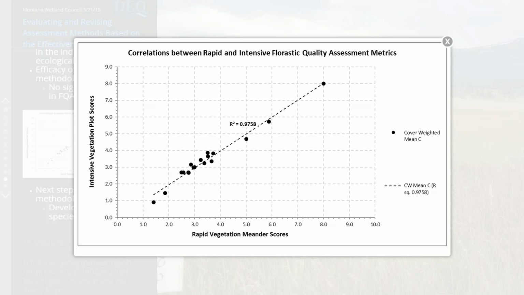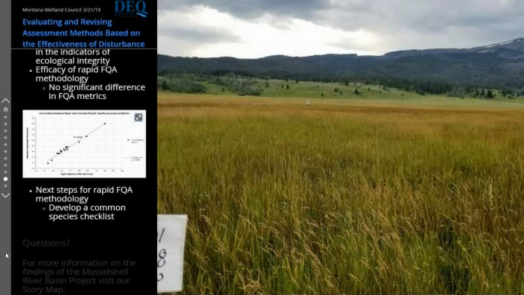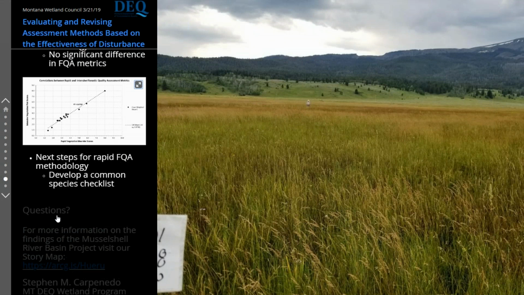But as I said before, one of the problems is that it still takes a really experienced botanist who can do this quickly. And so the last thing that we really wanted to see is that to make this methodology and FQA metrics usable as disturbance or condition, we needed to simplify it.